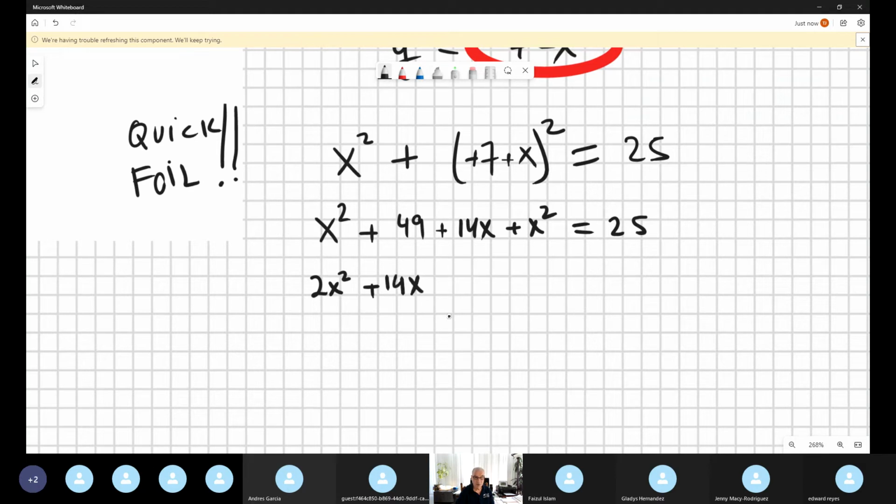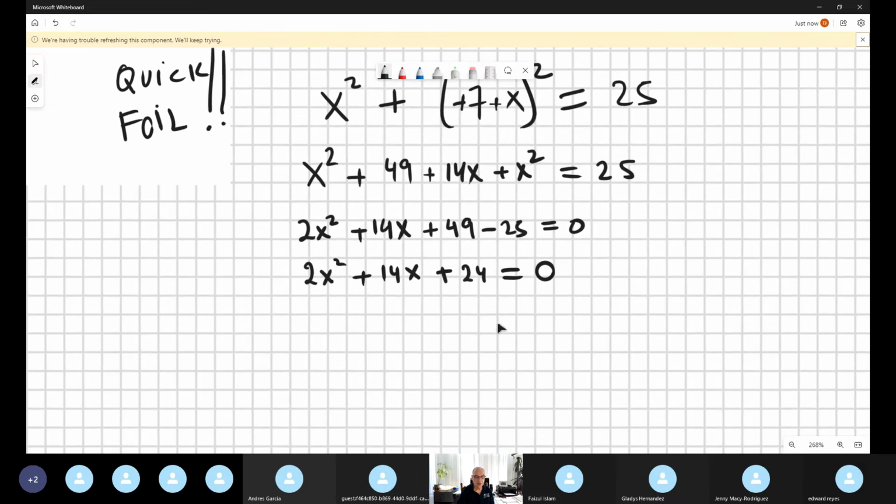I move 25 to the left, and 49 minus 25 is 24, no? 2x squared plus 14x plus 24 equals 0. And you can see, wow, you can divide by 2 to make it easier, because everything is even, no? So this is x squared plus 7x plus 12, wow, fantastic, equal to 0.